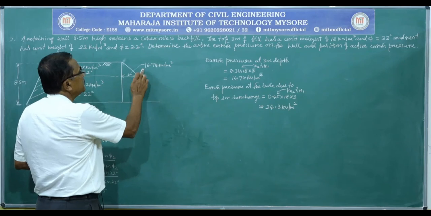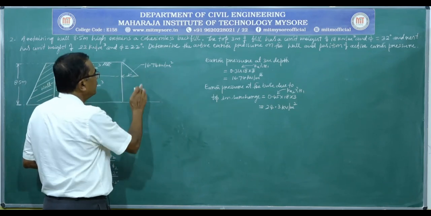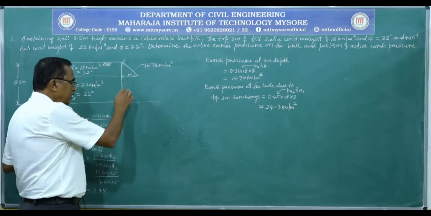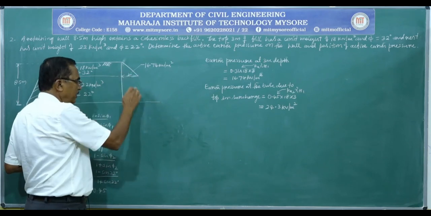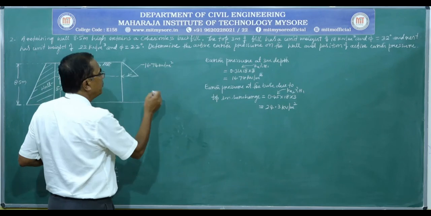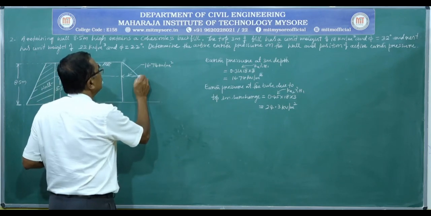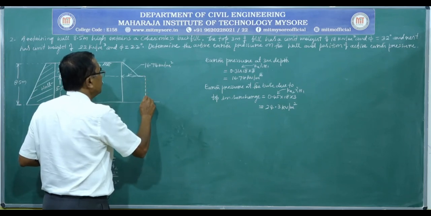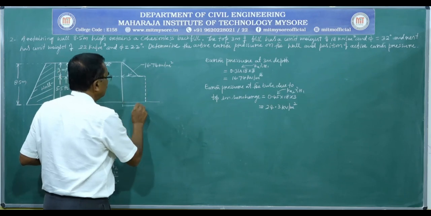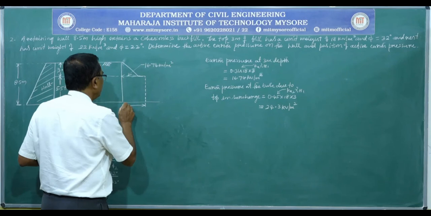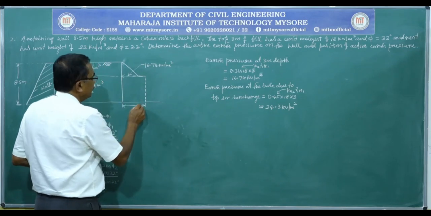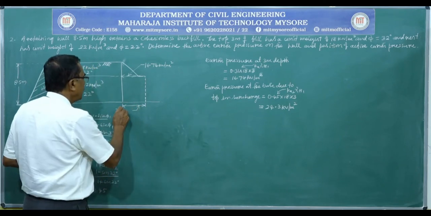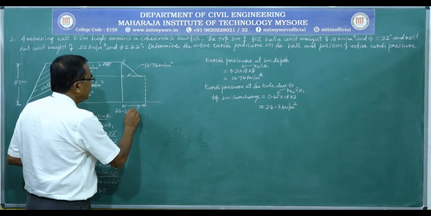So you can see 16.74 kilonewton per meter square, and for the same vertical surcharge pressure, if you calculate earth pressure due to this 3 meter layer, earth pressure will be more at the bottom. It is 24.3 kilonewton per meter square.